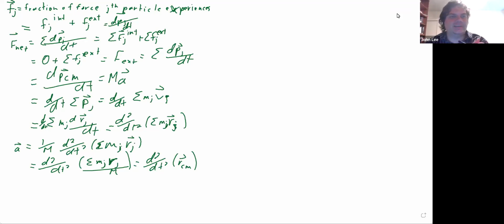So when we're talking about this, we talk about Fj, which is the fraction of the force that a single particle in the material experiences. So this is equal to Fj interior plus Fj exterior, which is equal to dpj dt. The force net is equal to the sum of all of these changes of momentum, which is equal to the sum of all the changes, the internal forces and the external forces.